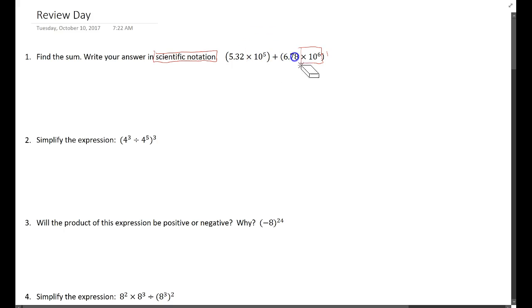Let me erase these so it's easier to see. I subtract 1 from that 6. So now what I have is 5.32 times 10 to the 5th.